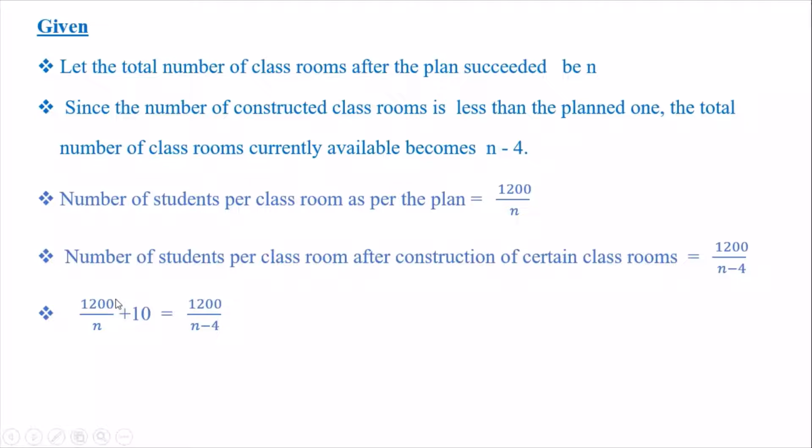So 1,200 divided by n plus 10 is equal to 1,200 divided by n minus 4. This is a very important relation that enables us to solve the problem.